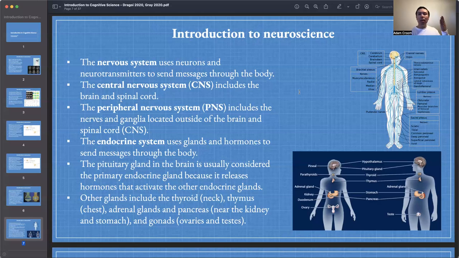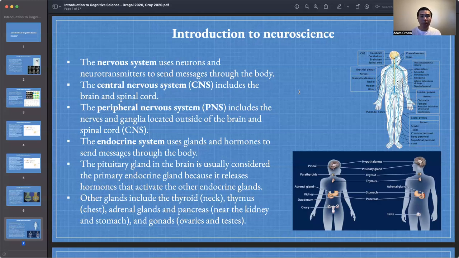In addition to the nervous system, which uses neurons and neurotransmitters, we also have an endocrine system, which uses glands and hormones to send messages through the body. The pituitary gland in the brain is usually considered the primary endocrine gland because it releases hormones that activate the other endocrine glands.